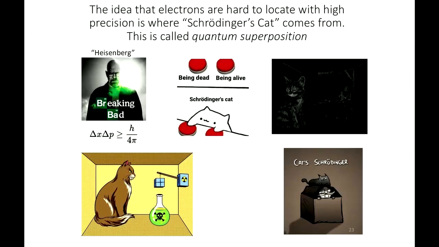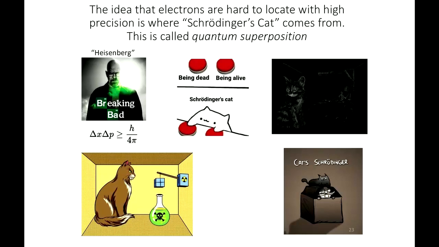That's the whole idea of Schrodinger's cat. Schrodinger came up with this thought experiment that you have a cat in a box with some type of poison in it. When the box is closed, it's kind of like an atom. You know there's a cat in there with poison, but you don't know for certain if the cat has ingested the poison or not.